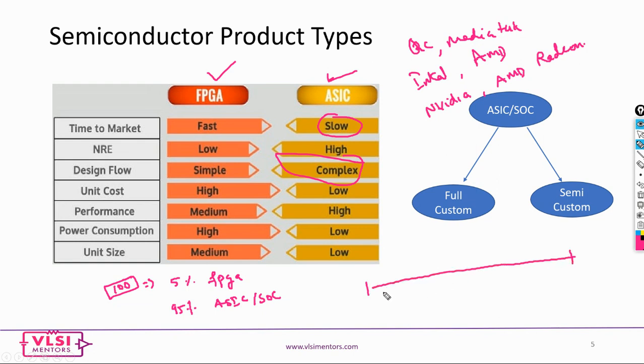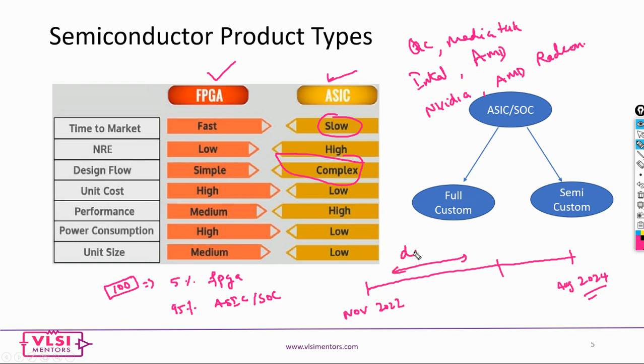For example, today is, say, November 2022. Today you give a specification, and this chip will be given to you probably in August 2024, not before that. So it takes almost a year to design.